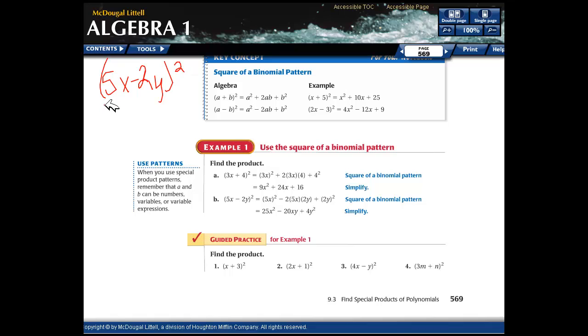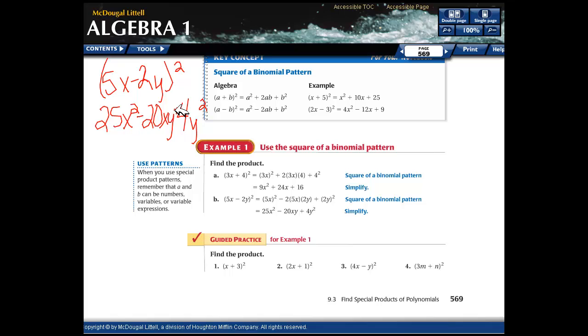So you can square the first: 5x times 5x is 25x squared. Square the last. Now this is a negative 2y, so negative 2y squared is a positive 4y squared. Again, you know you're going to multiply these two together, and that would be a negative 10xy, but you've got two of them, or you would have two of them if you used the FOIL method. So minus 20xy. So 25x squared minus 20xy plus 4y squared.